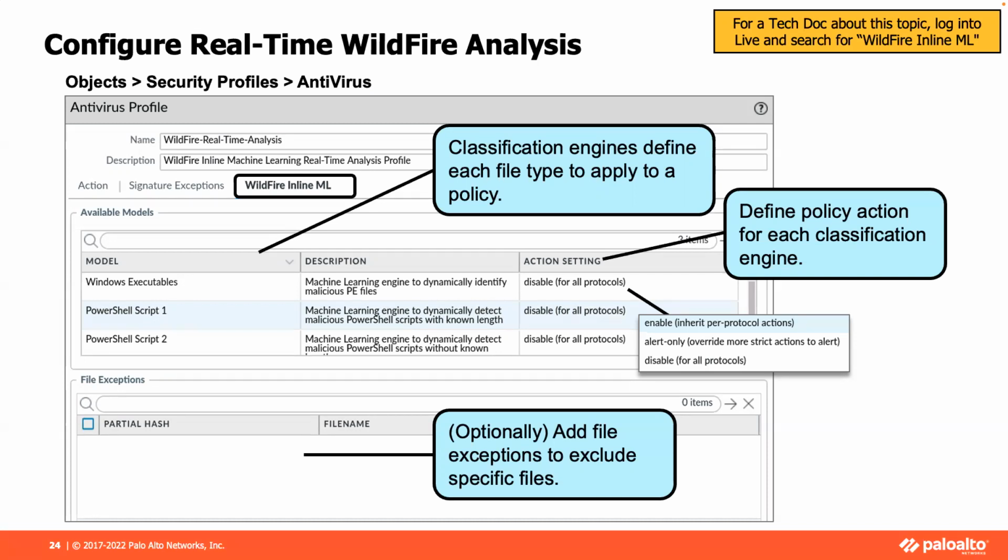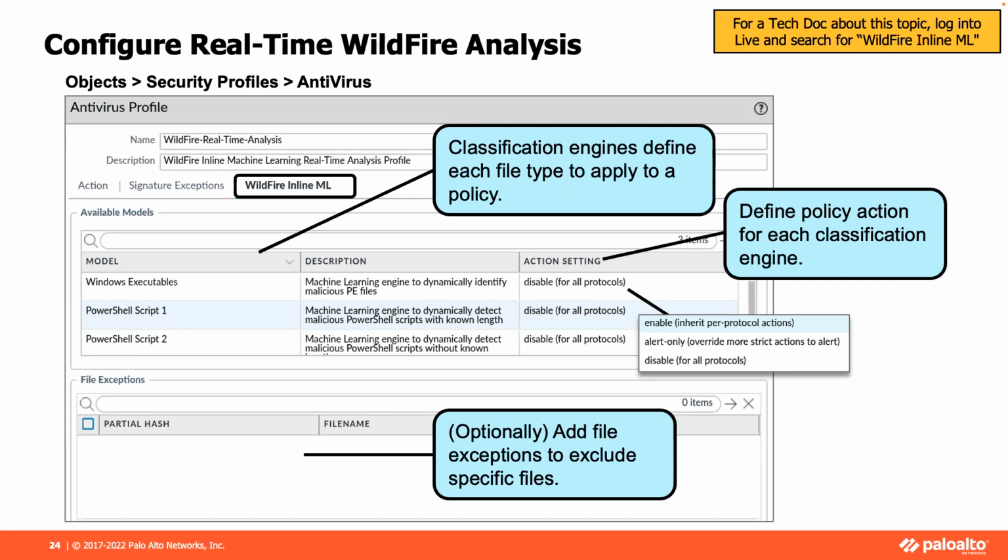Now, this means that if we see a file that appears to be malware, we block it. We still send it to WildFire for complete analysis, but we block the user from downloading it if it appears to be malware in real time. This gives you the ability to get real-time protection for possible malware.